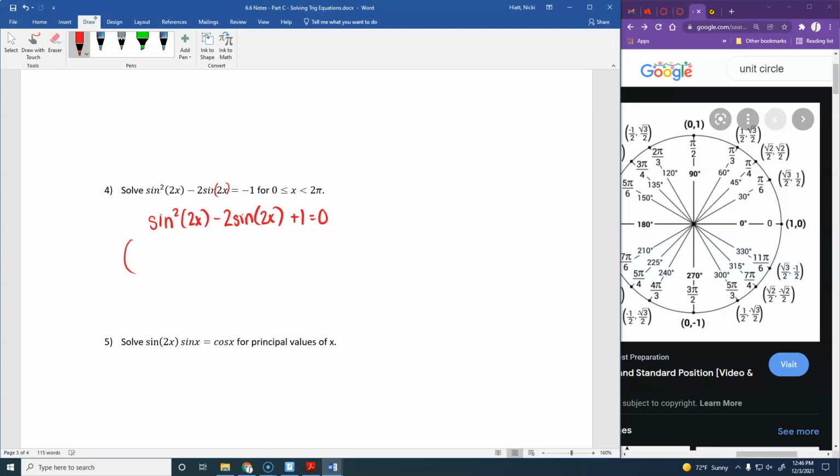And I can factor this. I don't actually have to change it because they're both 2x's. So I can get sine of 2x and sine of 2x here. And if I make both of these a minus 1, then it'll factor correctly.